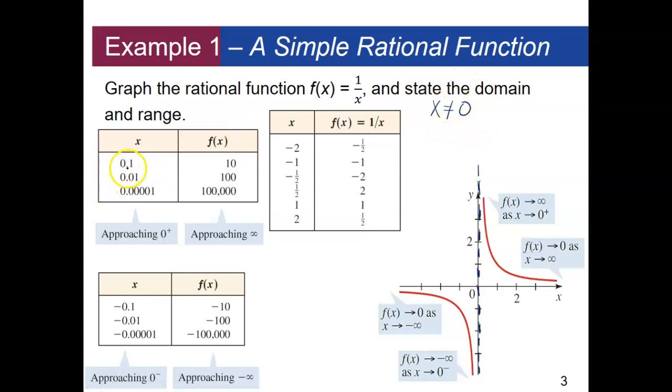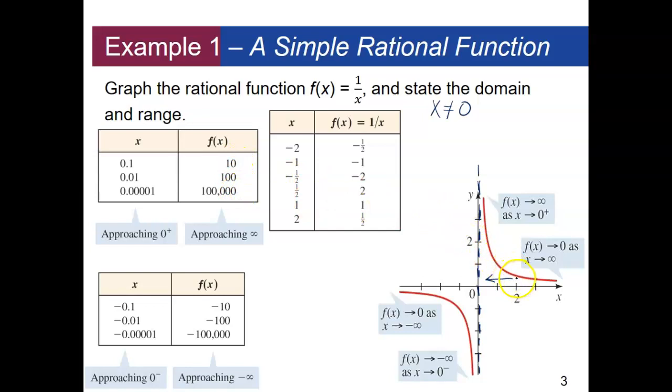As we get closer and closer to this vertical asymptote, the behavior of the graph is that it's going to get larger and larger and larger. So as our x is coming in towards 0, as we're going from 0.1 to 0.01 to 0.00001, you can see that the function value is actually growing tremendously.